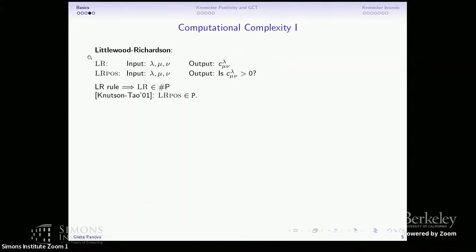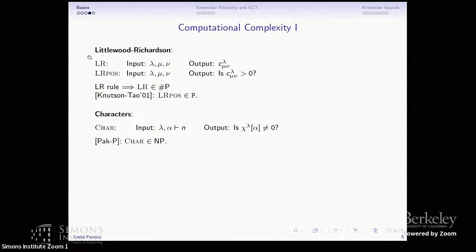And so what do we know about computation of these quantities? As I said, the Littlewood-Richardson coefficients are relatively nice. The characters are basically as bad as you want, and we are in the process of describing exactly how bad the characters are.